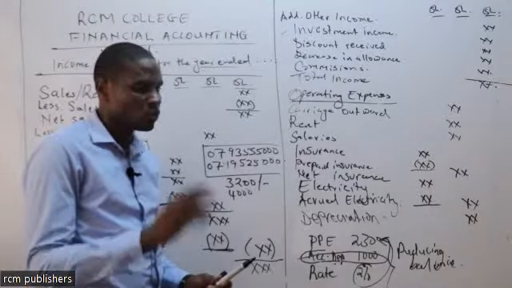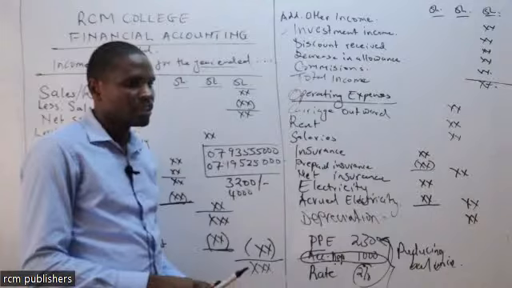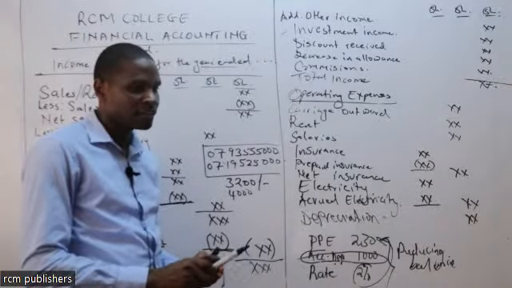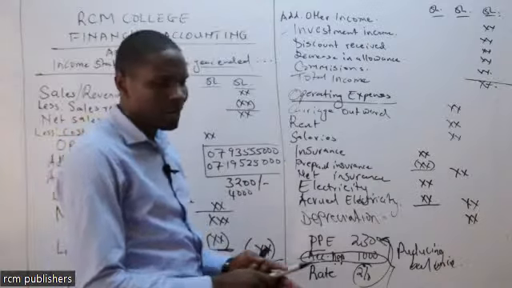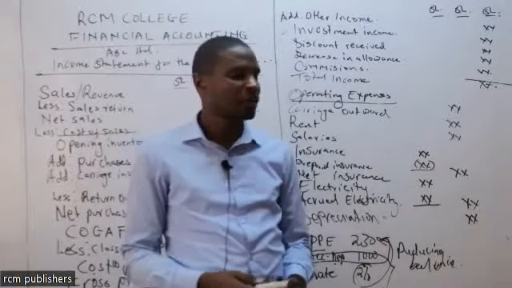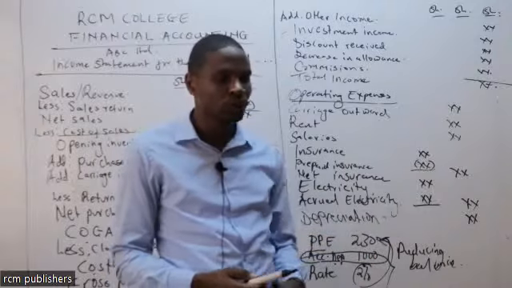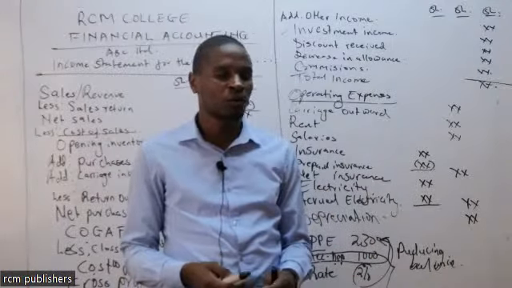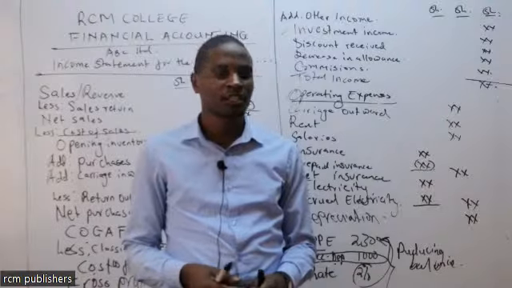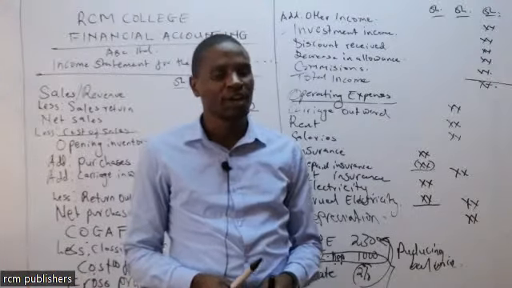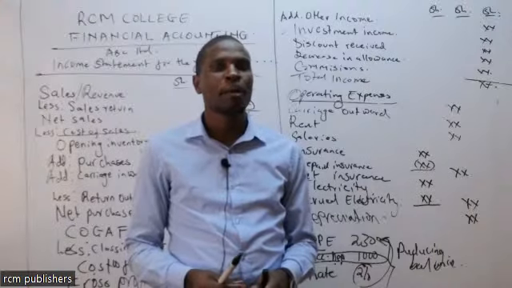Hii ni level 3, foundational level, intermediate level, and advanced level. So class, I can see our time is up. I would have wished to continue, but our time is up. I know some of you want to go back to work, and that is okay. We must build the country.